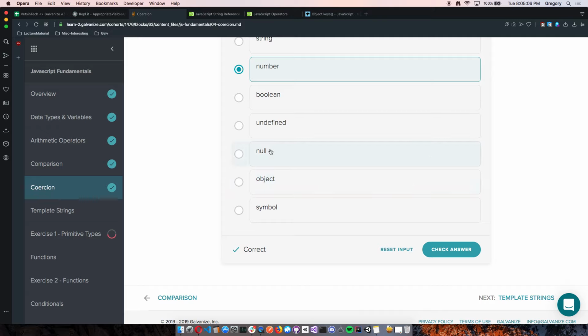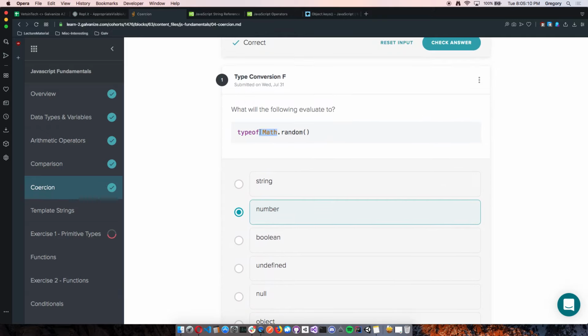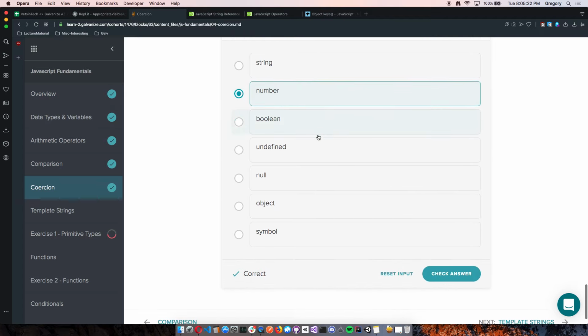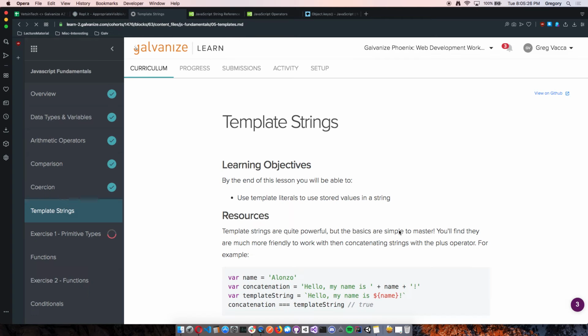Cool. Okay. My second guess would have been object because this is an object right here. We're grabbing the random key off of it, so I was wondering if maybe it would do this object, but it ended up doing the actual output of the function in the object.